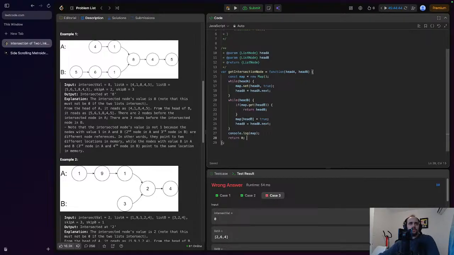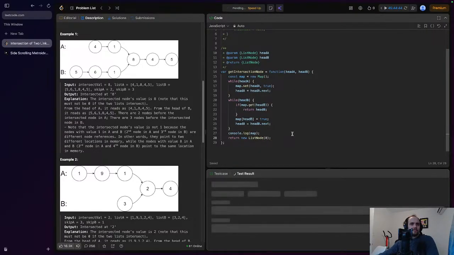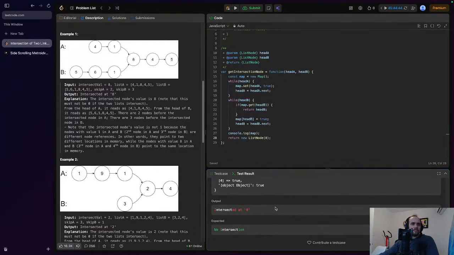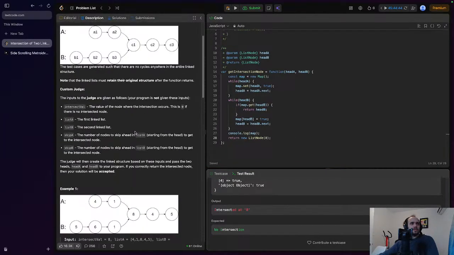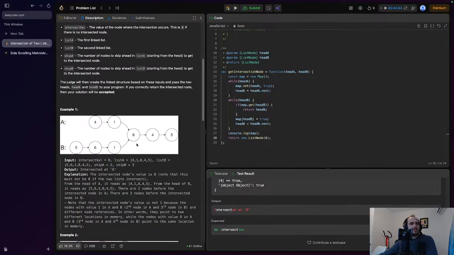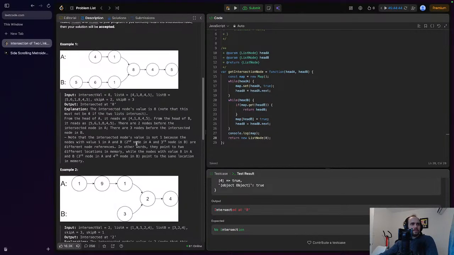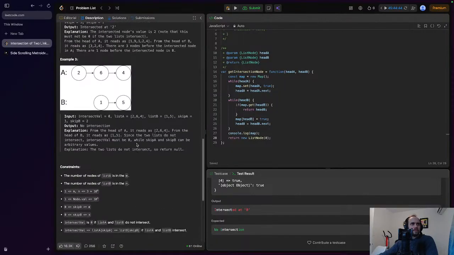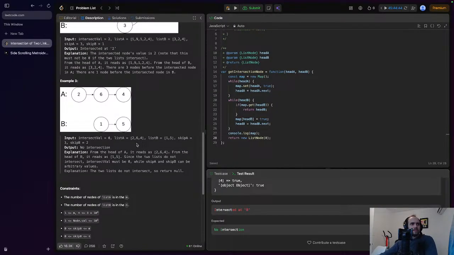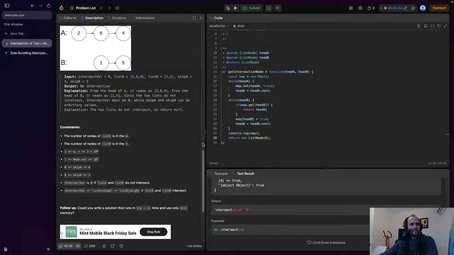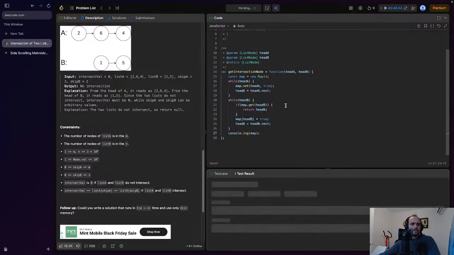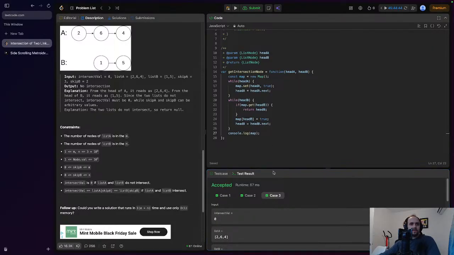I guess we gotta do it like that. Wait, what are we supposed to return? There's no intersection. So what do I return? Do I not return? Okay, you say so.